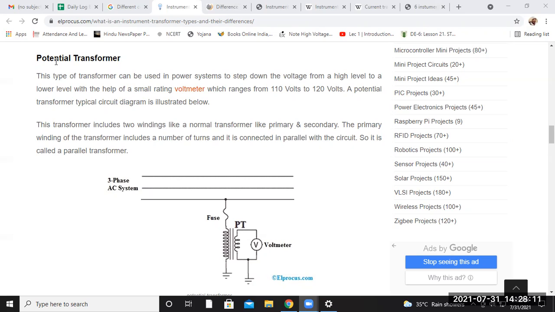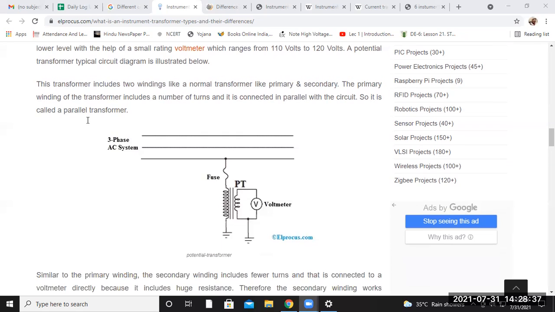approximately 110 volts or 120 volts, depending upon the manufacturer, whether they are converting that higher value of the voltage into 110 volts or 120 volts. So this type of transformer is mainly used to step down the voltage from a higher value to a lower value with the help of a small rating voltmeter, whose range is from 110 to 120 volts.